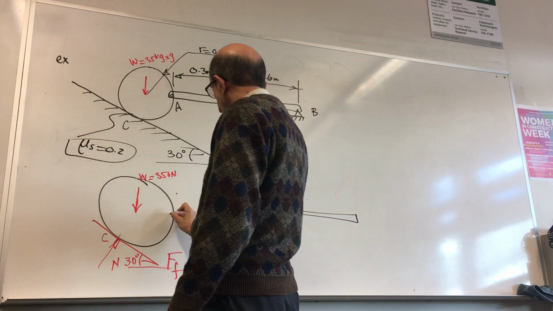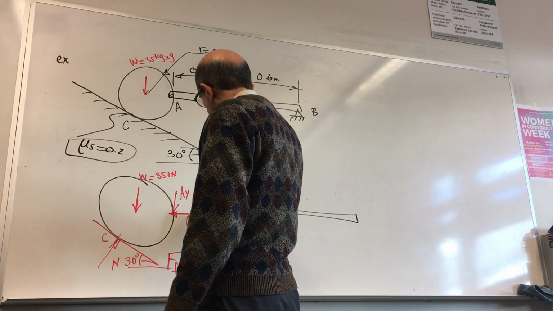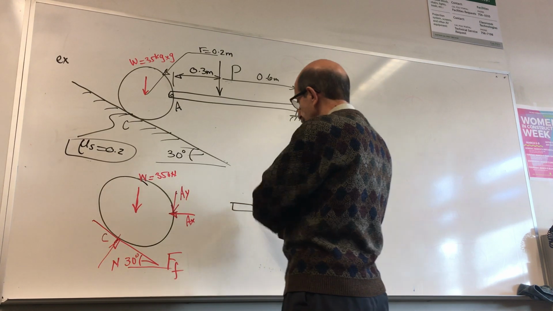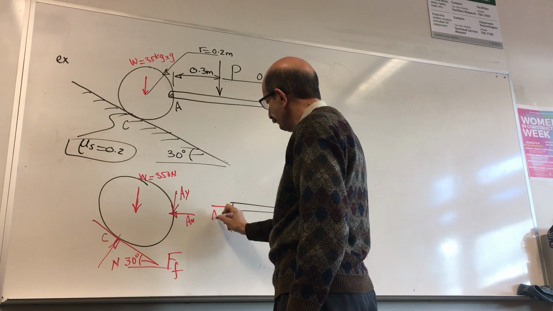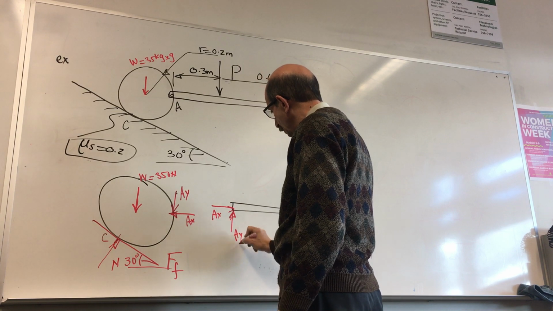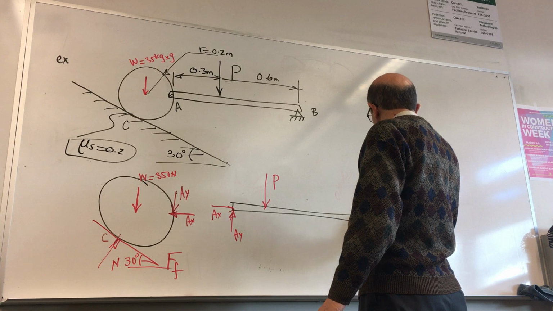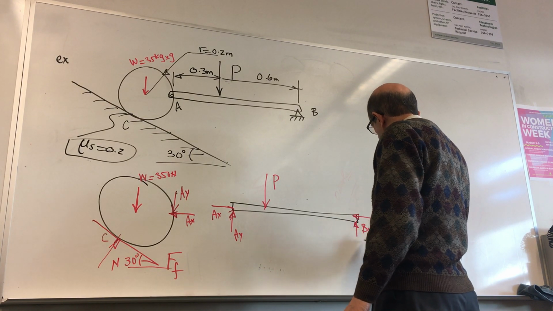At point A, you have AY and AX. So on this bar, you have two forces equal in magnitude, opposite in direction. You have the applied load, and you have this BX and BY.